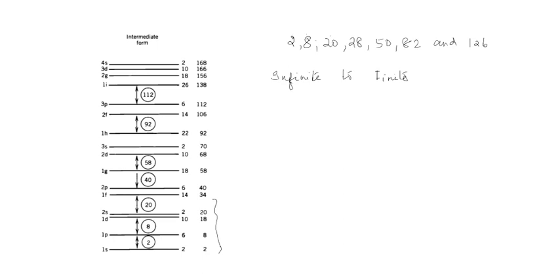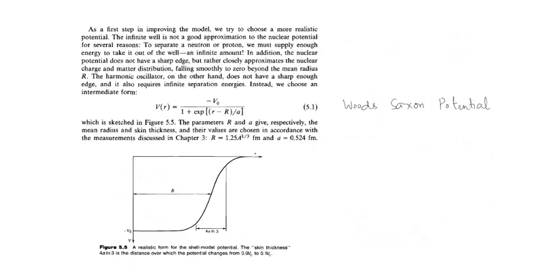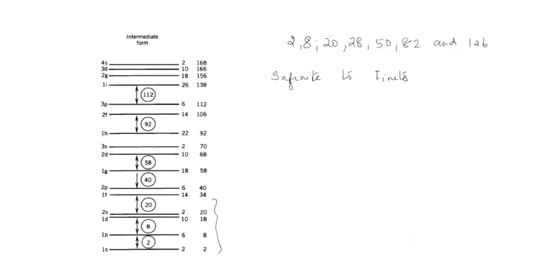For the infinite potential well case also, we saw that the magic numbers up to 20 were proper, but beyond that, the magic numbers cannot be properly reproduced. So, it is not only a factor of the depth of the potential well, but there has to be some modification in the basic assumption of the potential.